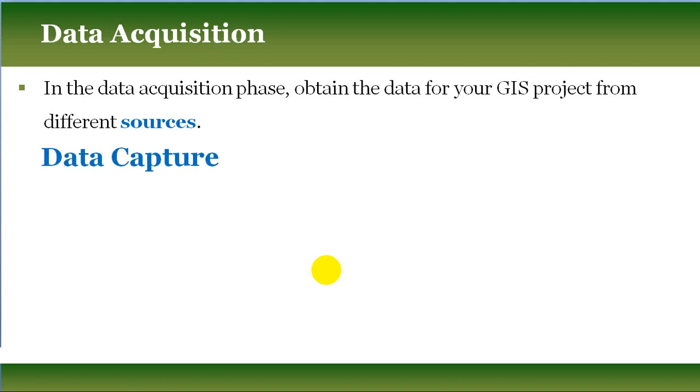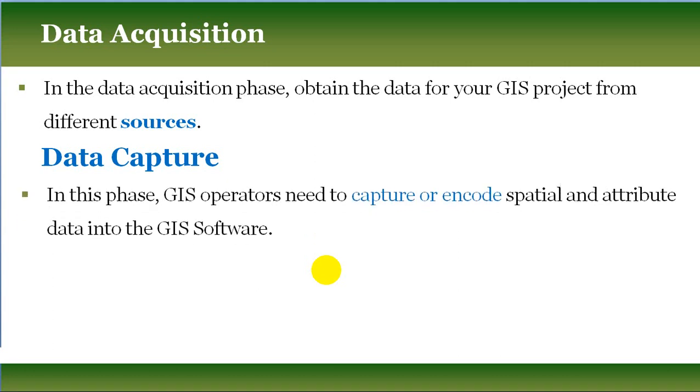Once you acquire, then you have to capture those data on the computer. In this phase, GIS operators need to capture or encode both spatial and attribute data into the GIS software. Using your GIS software, you can capture both spatial and attribute data. Or for capturing attribute data, you may use some additional database software or Excel-like software.